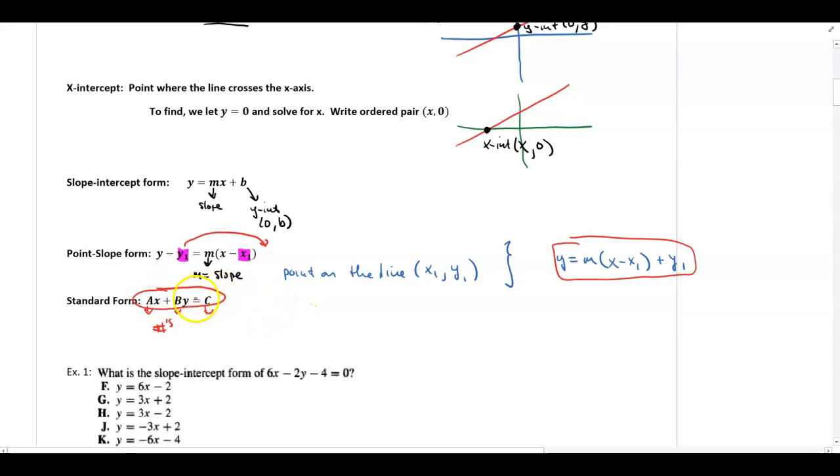This is the easiest form to find the x and y intercepts out of, but a quick way on the test to find the slope is that the slope of a line in standard form will always be the opposite of a, meaning the number in front of x, over b. And that's if it's written in that form. And we'll talk about that a little bit through some examples.